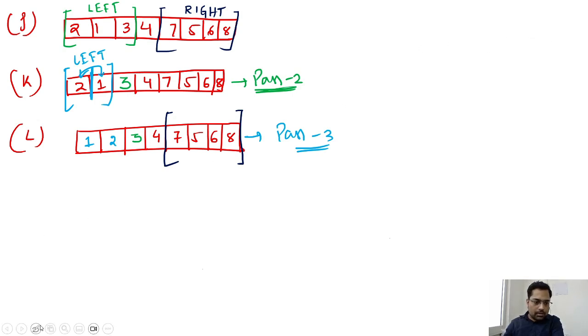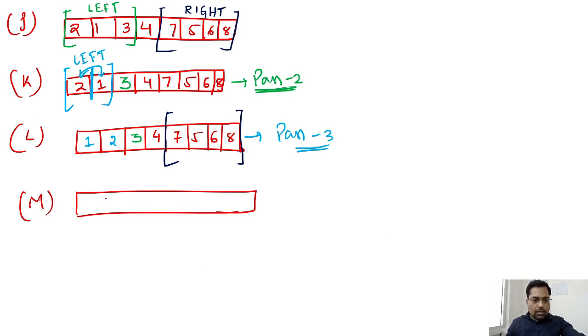now I have to just mention one more M. Here I must write 4, 7, 5, 6, and here is 8.